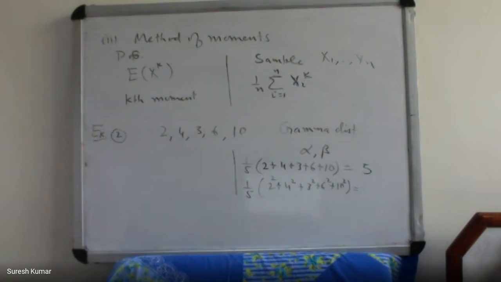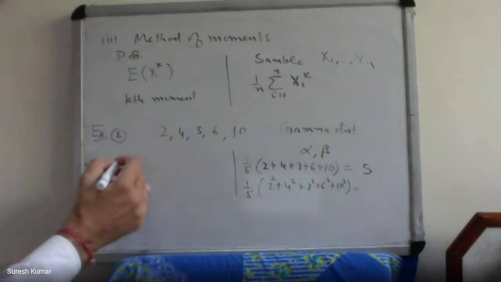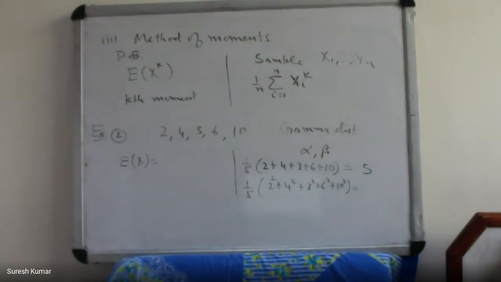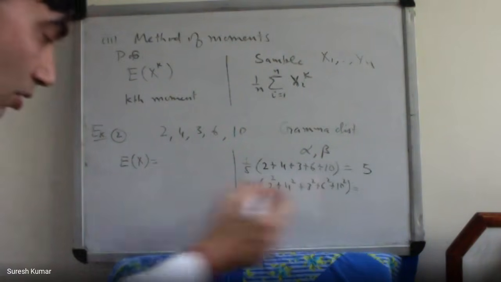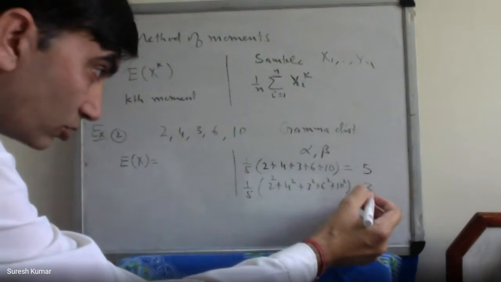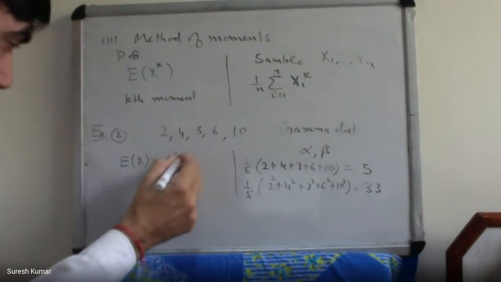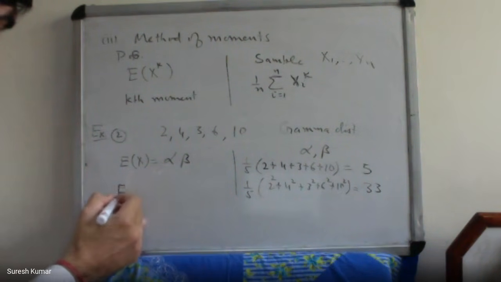In the meantime, I recall the moments of the gamma distribution. The first moment is simply the mean of the gamma random variable. You're telling 33, I don't know, you just check it. So EX, the first moment, or the mean of the gamma random variable, is alpha beta.